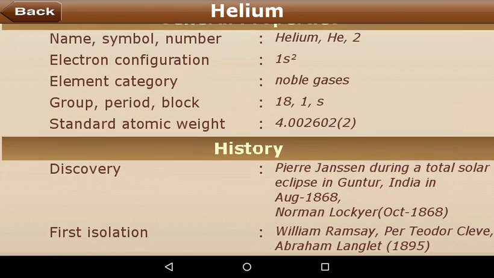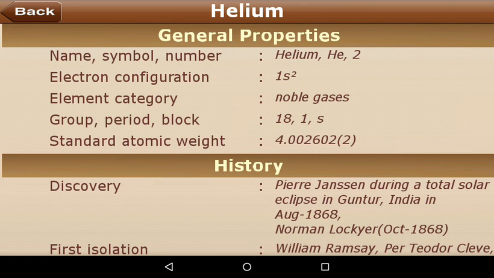As you can see in the presentation, helium is found in group 8 of the periodic table.